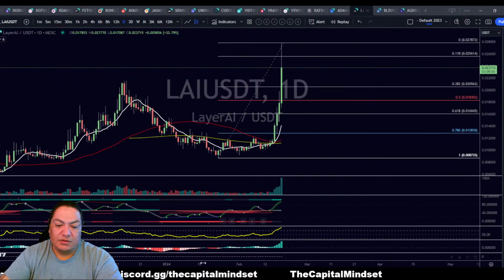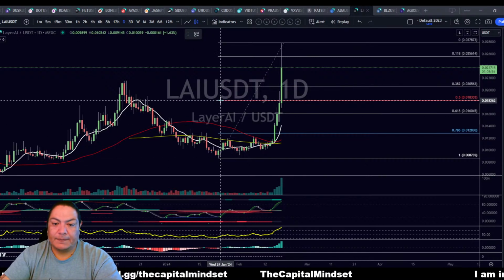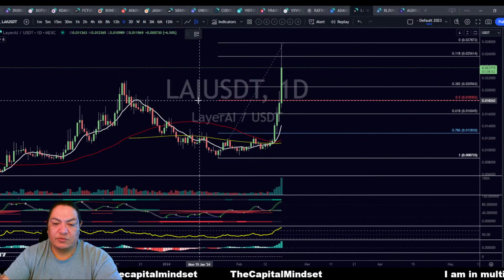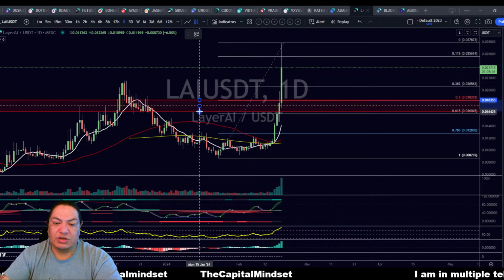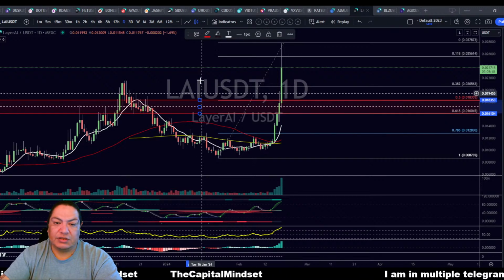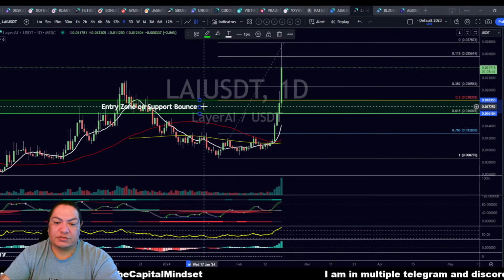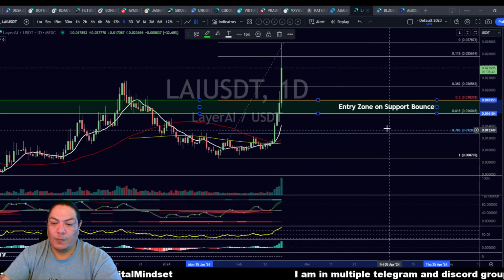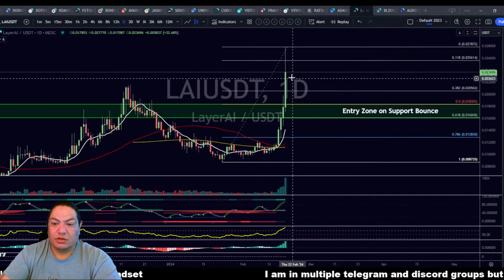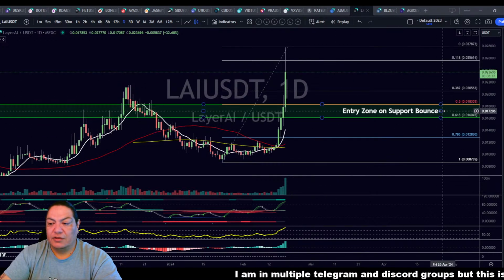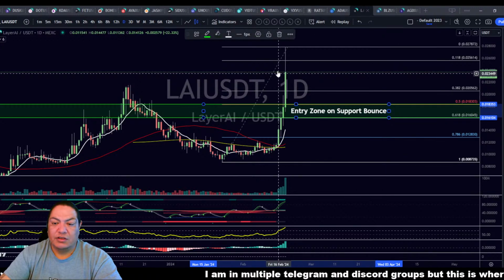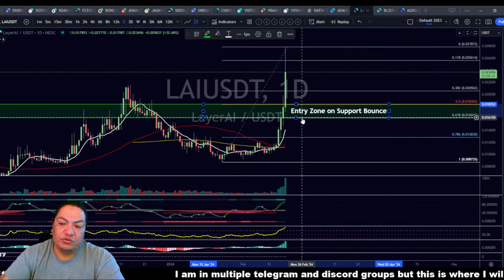And the fib retracement, let's turn this off so we don't get all the mumble jumbleness, is right there. This would be our support area for our bounce. And right now, price action is right here. What we're looking for is hopefully a retracement to the golden pocket.